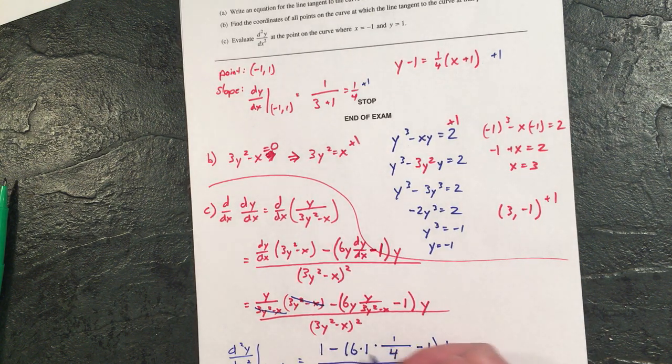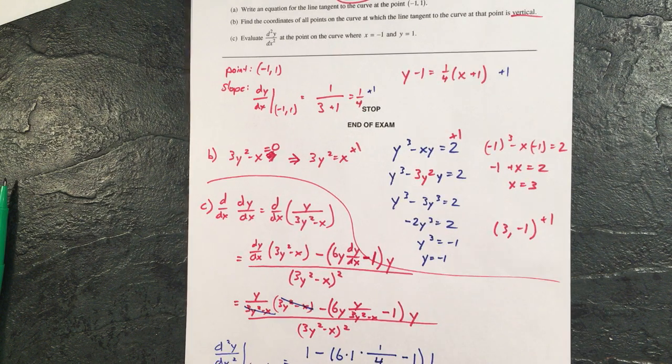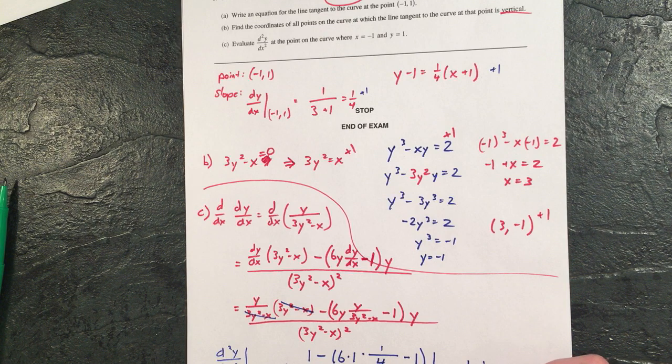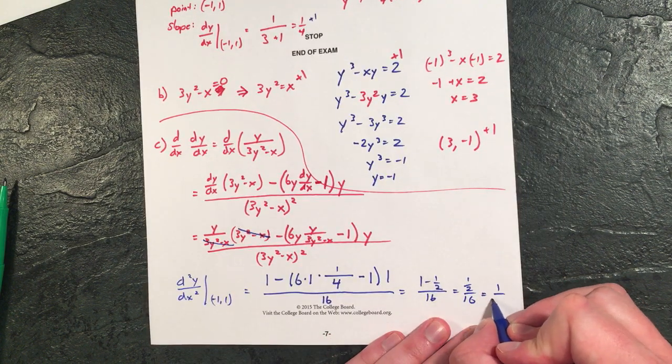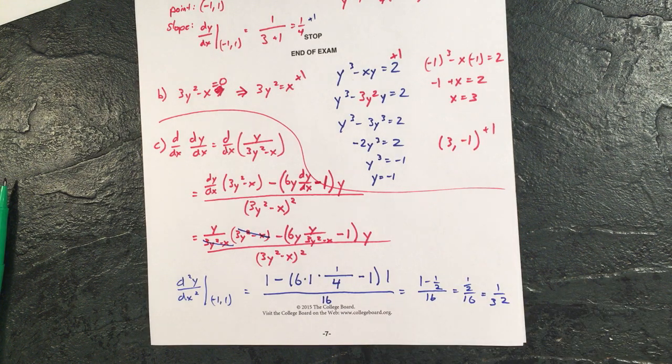All over, this whole thing becomes 4 squared, so 16. Simplifying a lot of this. This is 1 minus 1/2 over 16, so that's a half over 16, which is 1 over 32. Good, I didn't mess that up.